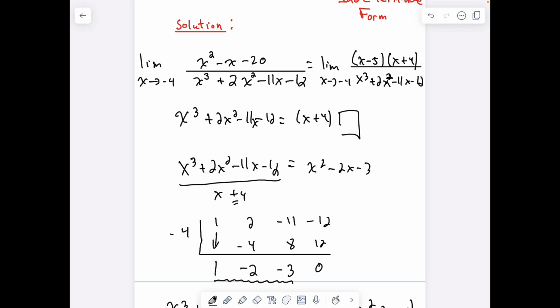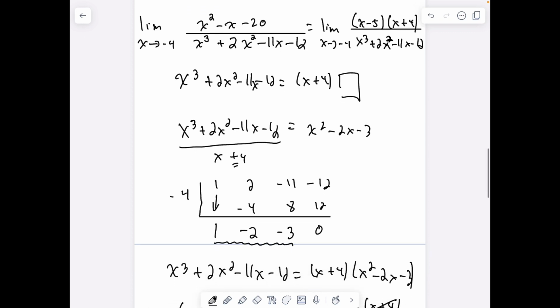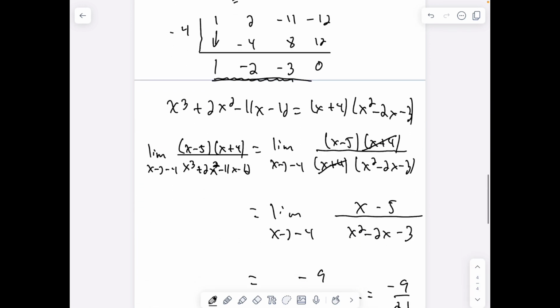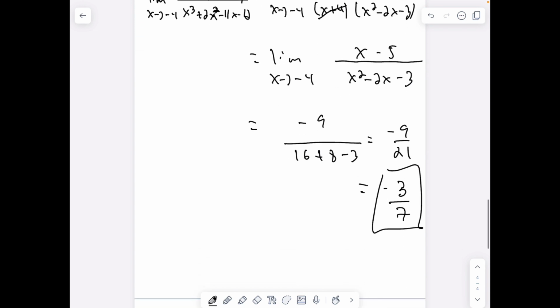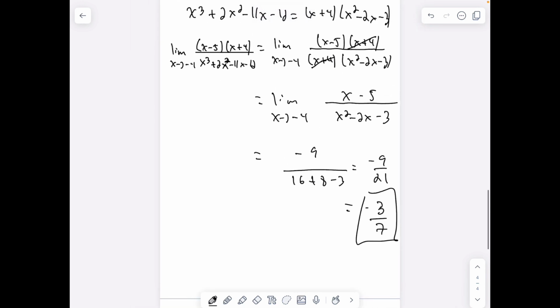So x plus 4 divides into x cubed plus 2x squared minus 11x minus 12. We got the actual result of that division by doing synthetic division. And we plugged it in and canceled things out.